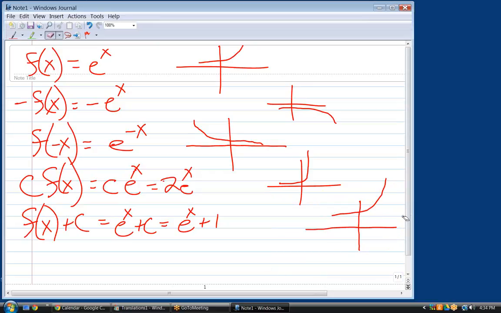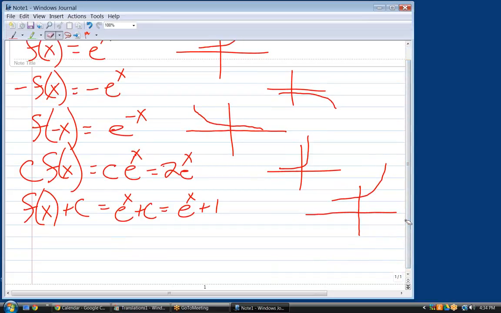There are only two other things that you can do, and that's horizontal stuff. Let's look at the easy one. What does that become? That would be e to the x minus c, where the c is up in the x. Exactly. We take whatever's in the parentheses and substitute it for x.